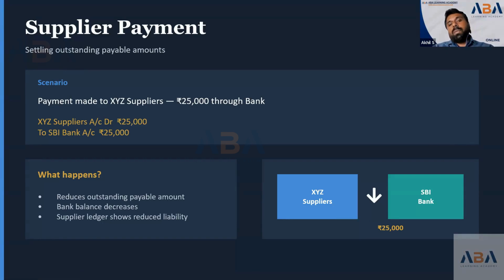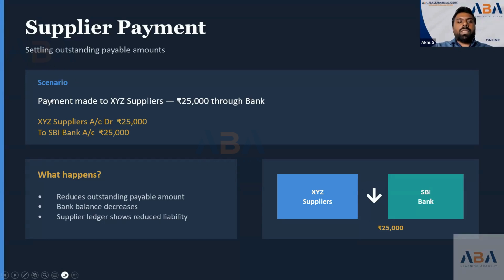If you purchase something from your supplier on credit, at a later date you must pay back the amount. In that case you have to use payment voucher because cash is flowing out from your hand. So when you are making a payment to a supplier or a third party, you have to use payment voucher.